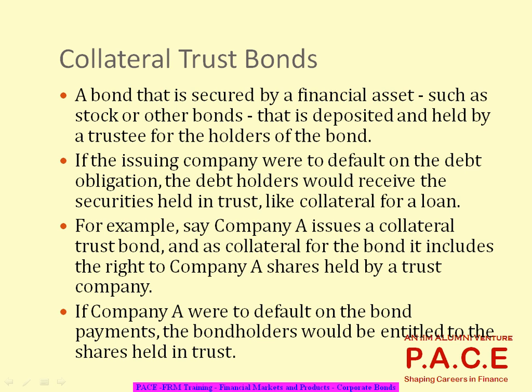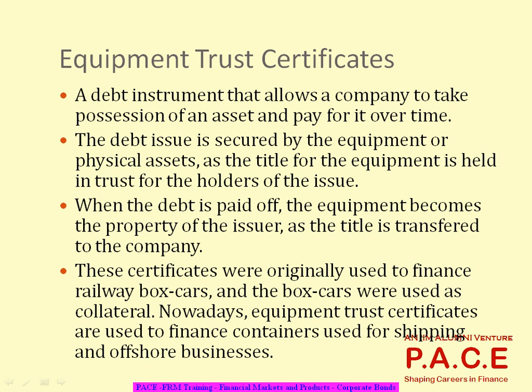I could keep my shares as a collateral. The entire shares of the company can be kept as a collateral to issue bonds. As long as the share price is going up, there is no risk. But once the share price starts falling, it looks like a big risky investment.